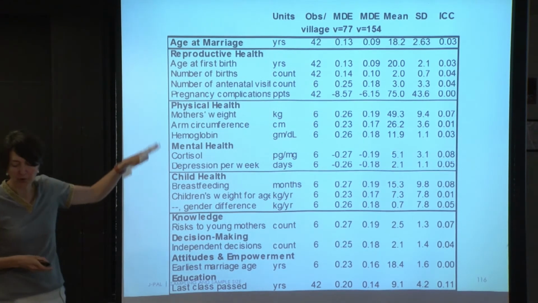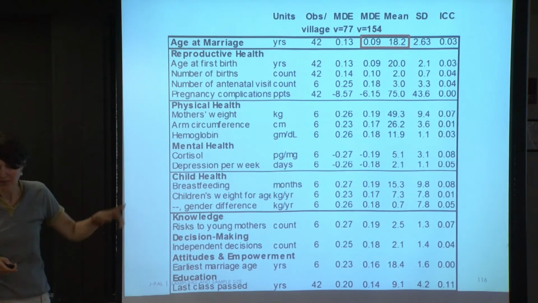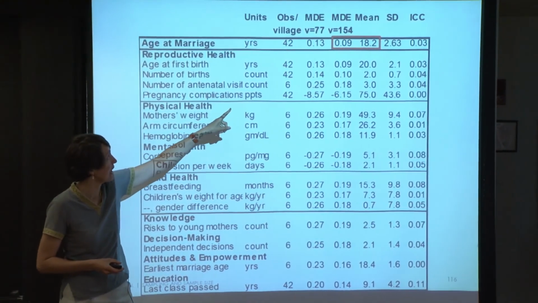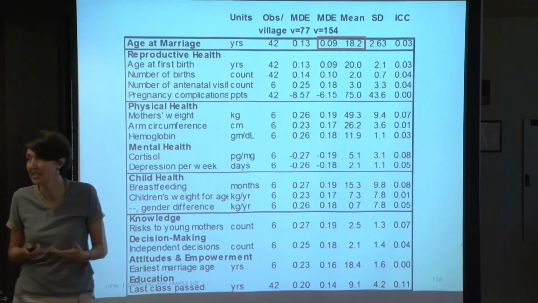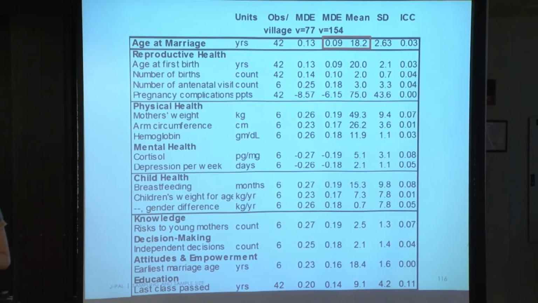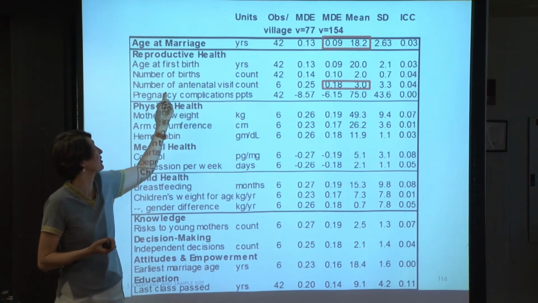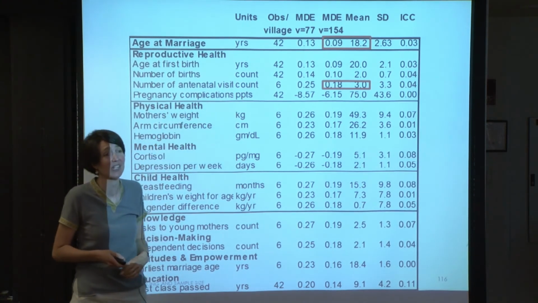So we're talking about 0.09 impact on the average of 18 years. That's a pretty precise estimate that we're going to be able to get. Now, that's not true of everything. We don't have anything like as much power for the number of antenatal visits.